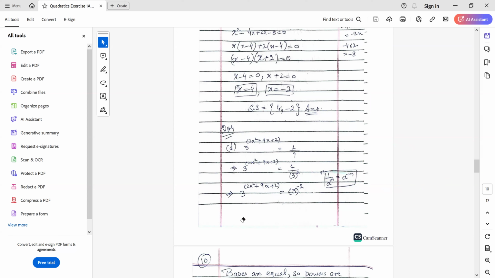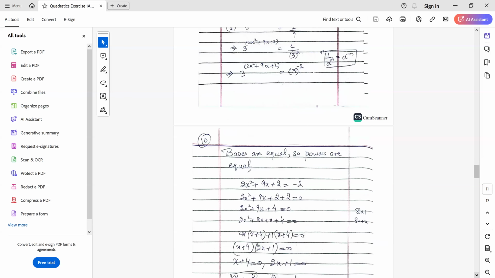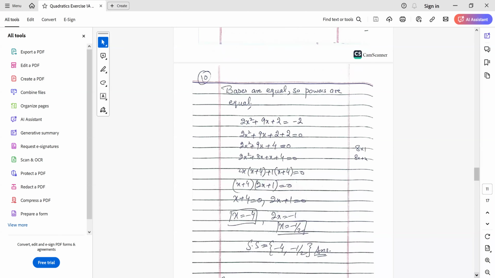This rule helps us to solve this particular problem. So when the bases are kept equal, the powers are equal. Okay, so we will compare the powers to get our desired result by using the factorization technique.